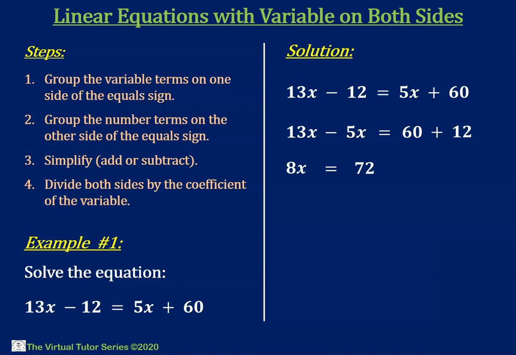Now, for step 4, let's divide both sides by the coefficient of x. The coefficient of x is 8. So at the left hand side, we have 8x divided by 8, and at the right hand side, we have 72 divided by 8.